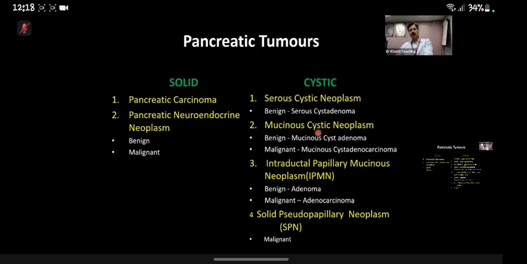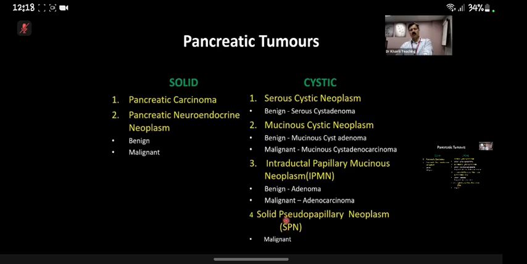Mucinous cyst is the mom tumor. It has got malignant potential, and intraductal papillary mucinous neoplasm, which can be main duct, branch duct, and mixed, again has malignant transformation.